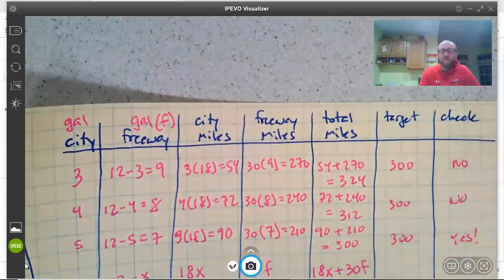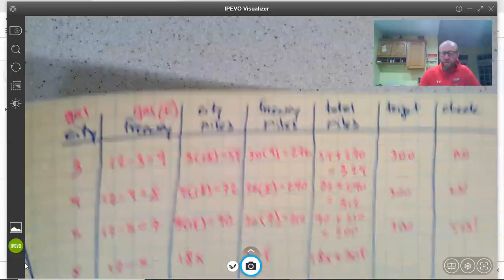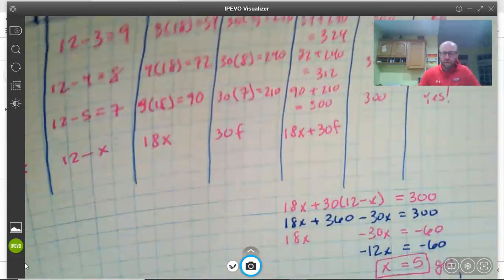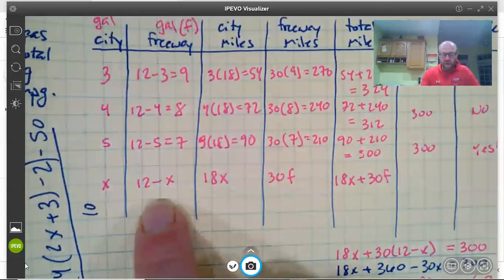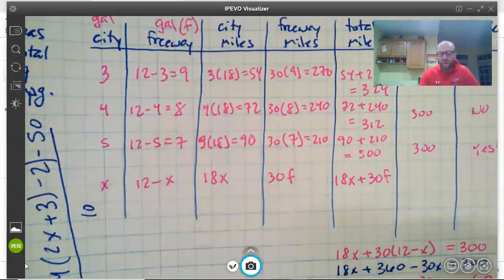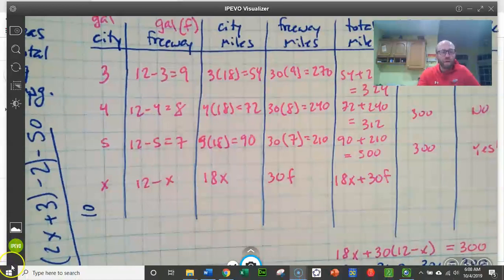I would have ended up with a slightly different equation in the end, but we should have ended up with the same answer. If we'd been guessing at freeway gallons, in the end, we would have ended up with X equals 7, because that's the proper number of freeway gallons, but we would have got to the same answer in the end. And I think we're all good.